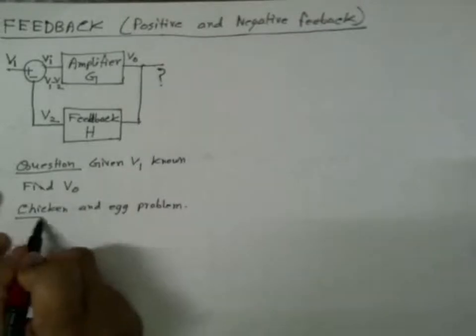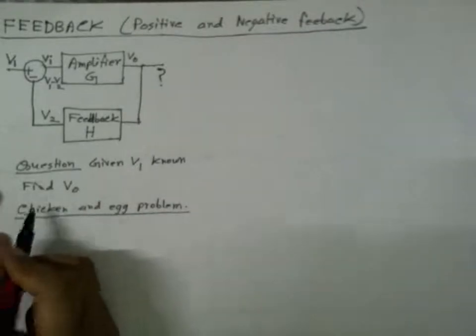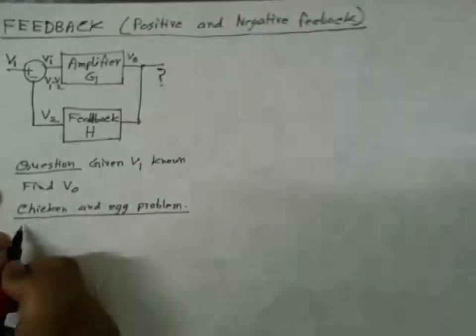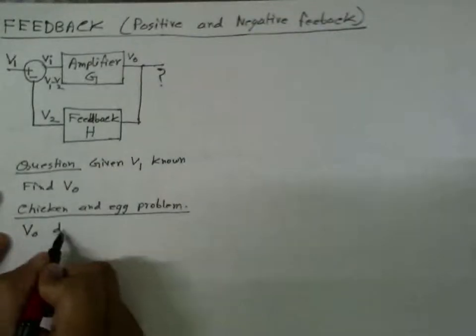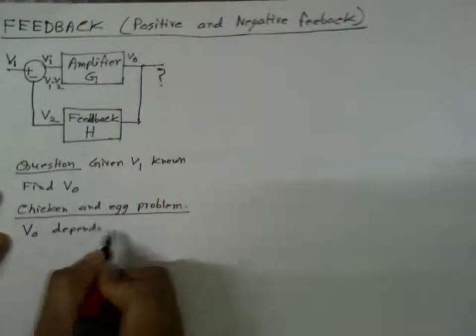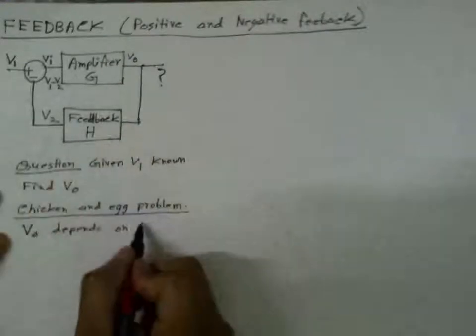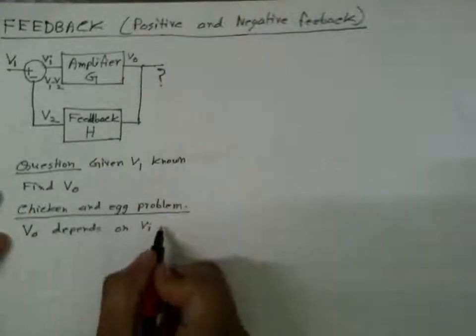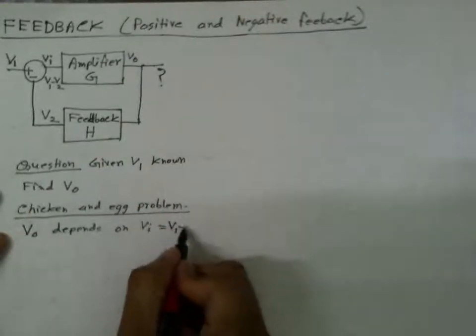What is that? You see that Vo depends on this Vi, which is equal to V1 minus V2.